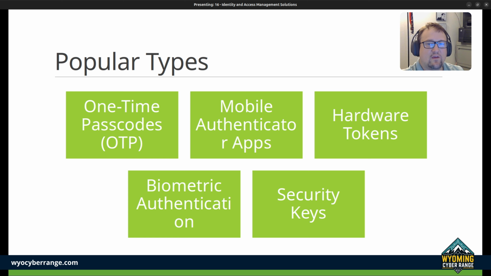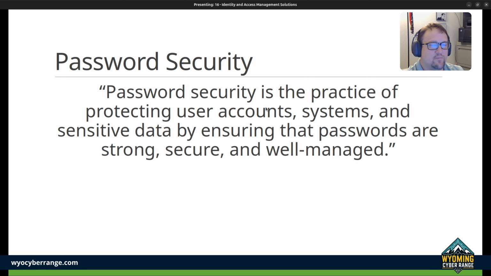Just be aware that a text message is considered one of the least secure methods of MFA due to the risk of SIM swapping. So for Security Plus, just know that that's the least protective, but it does count as MFA. Hardware tokens like YubiKeys or RSA secure fobs, or biometrics like fingerprint readers, Face ID, etc. Okay, we need to make sure that we know the different types.